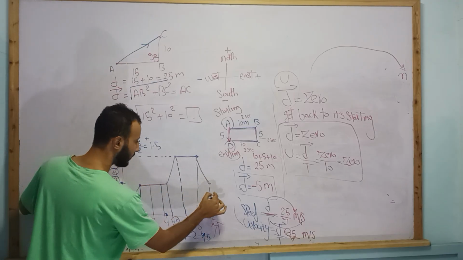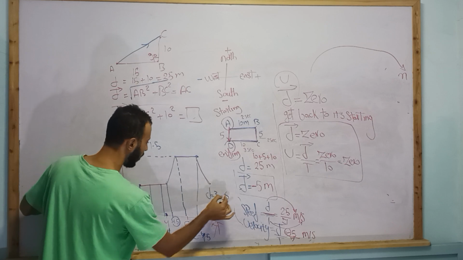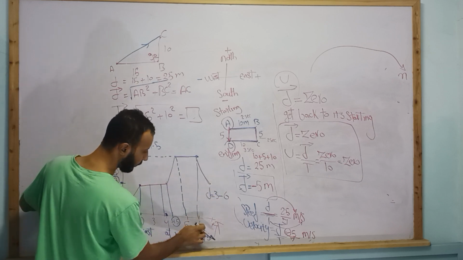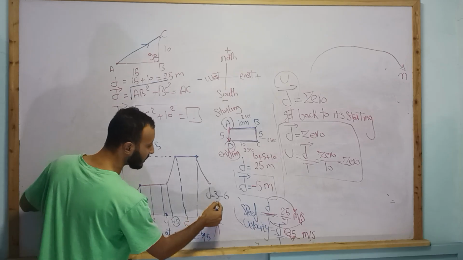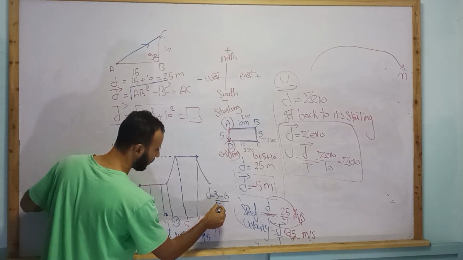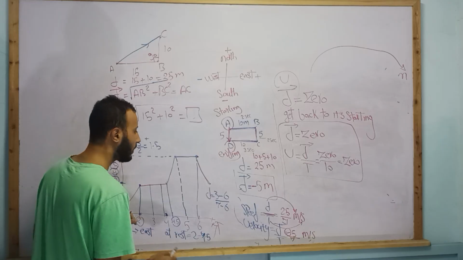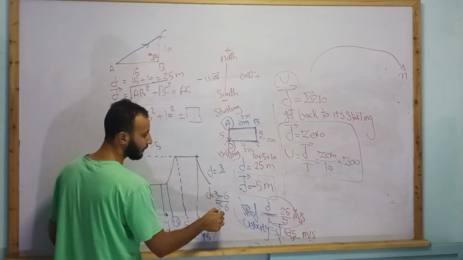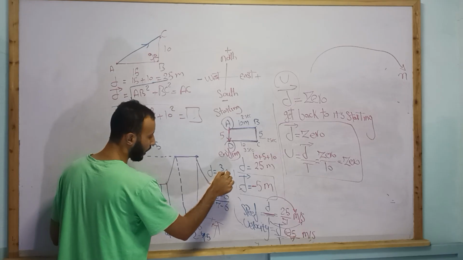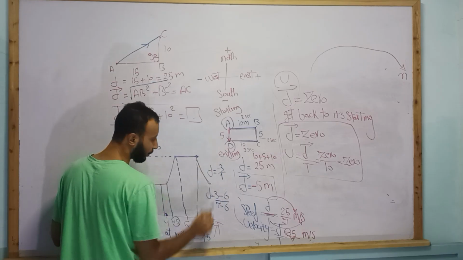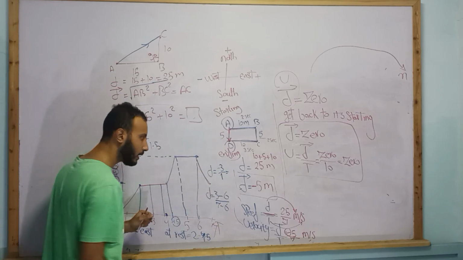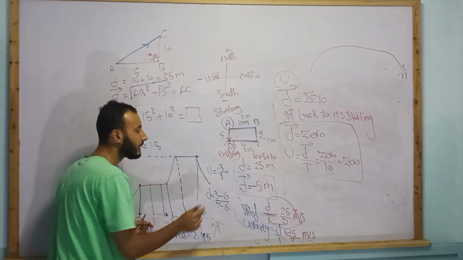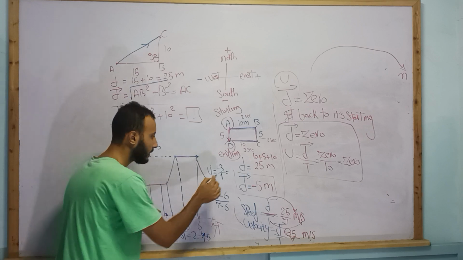Final, which is 3, minus initial, which is 6, over the time, in this interval from 6 to 7, means 1 second, 7 minus 6. 3 minus 6 is equal to negative 3, so the velocity here is negative 3. Okay, negative 3.